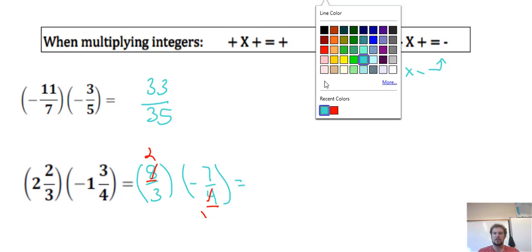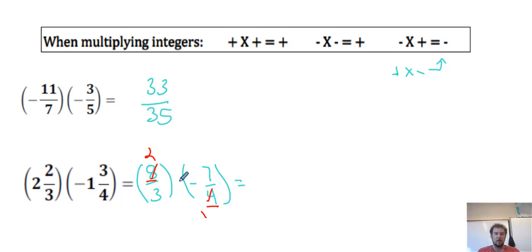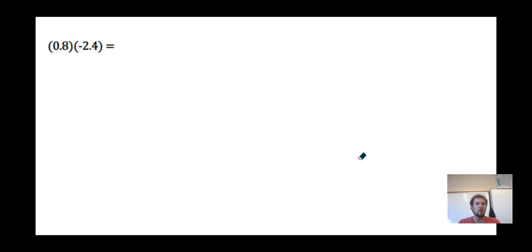Now we won't need simplification afterward because we've already done it. So 2 times 7 is 14, and 3 times 1 is 3. And again, a negative multiplied by a positive is a negative. So negative 14/3.